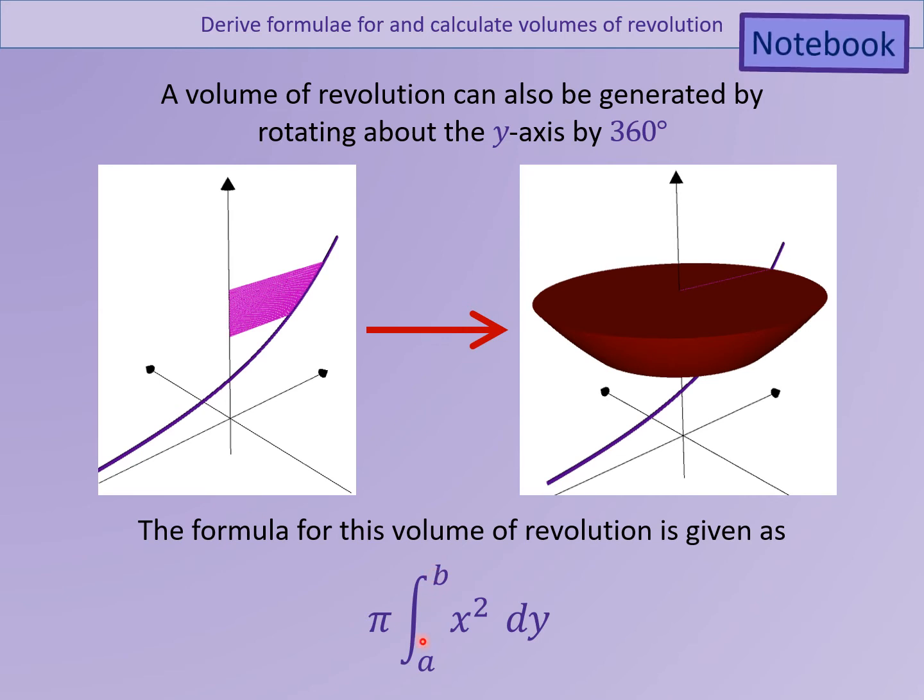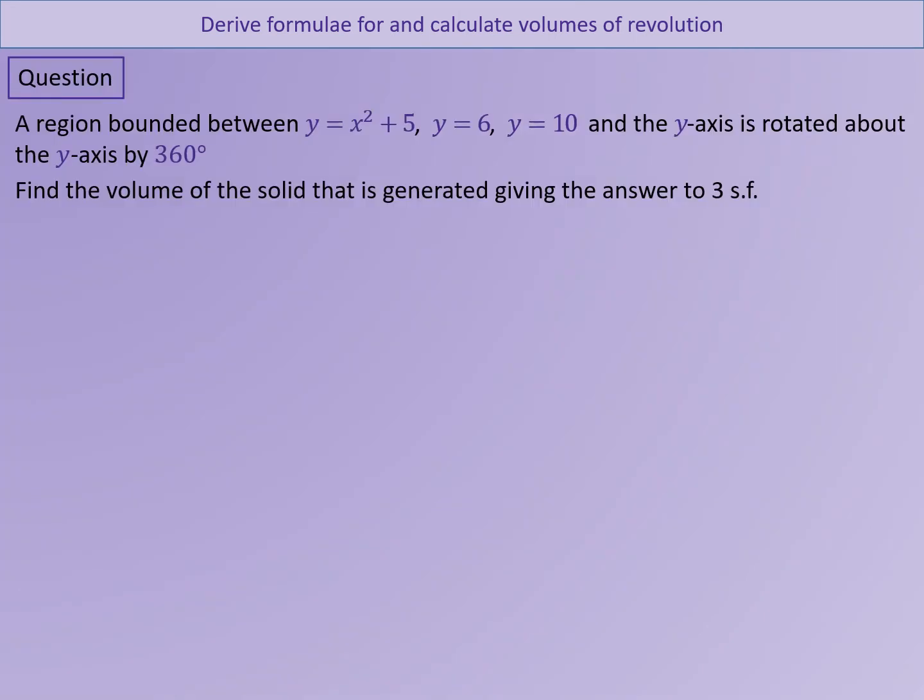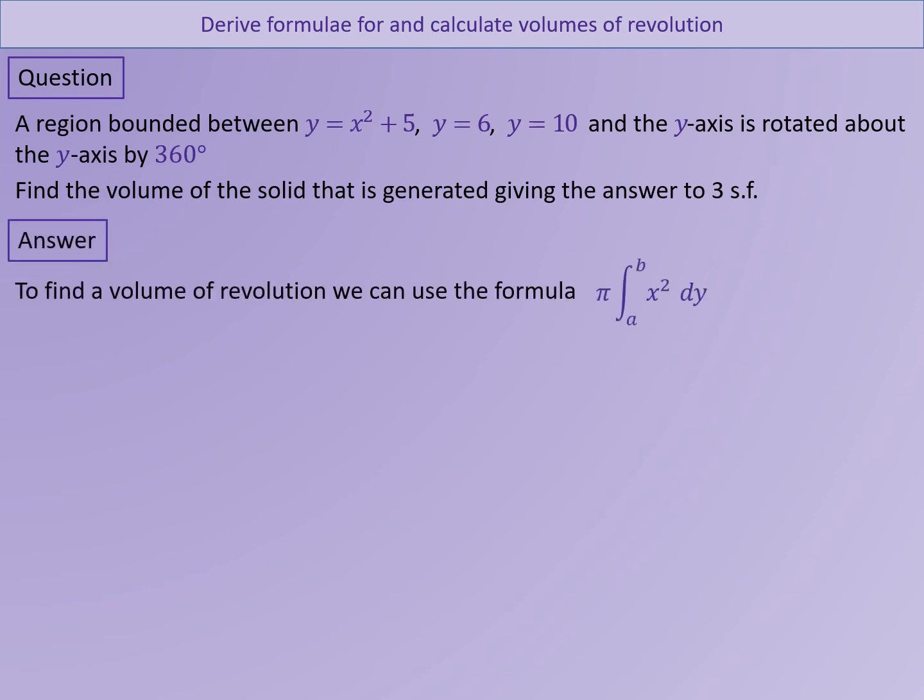So a and b are both values of y in this case. For example, if we wanted to find the region bound by y equals x squared plus 5, y equals 6 and y equals 10 around the y-axis, we would use the formula pi times the integral of x squared dy.